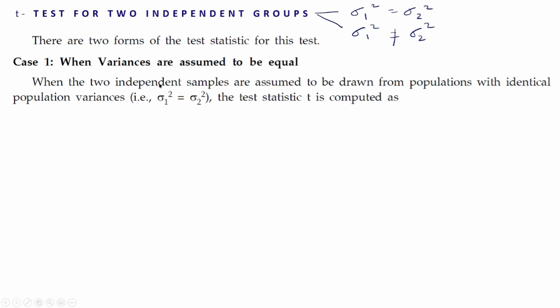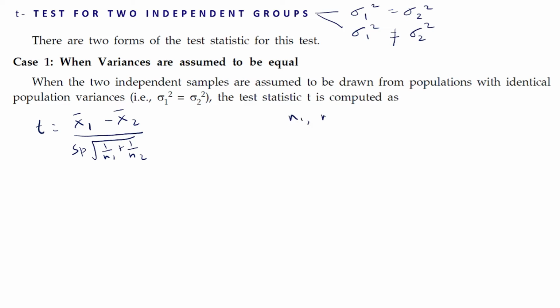When two independent samples are assumed to be drawn from populations with identical population variances, that is sigma 1 square equal to sigma 2 square, then the test statistic T is computed as T equal to x1 bar minus x2 bar upon SP into root of 1 by n1 plus 1 by n2.